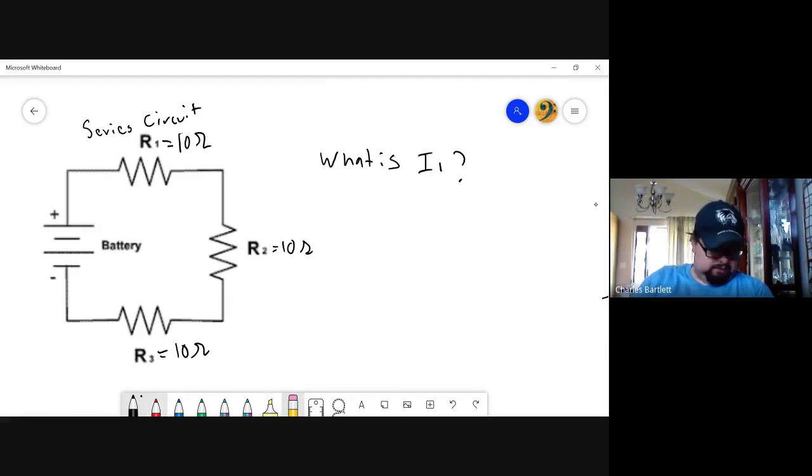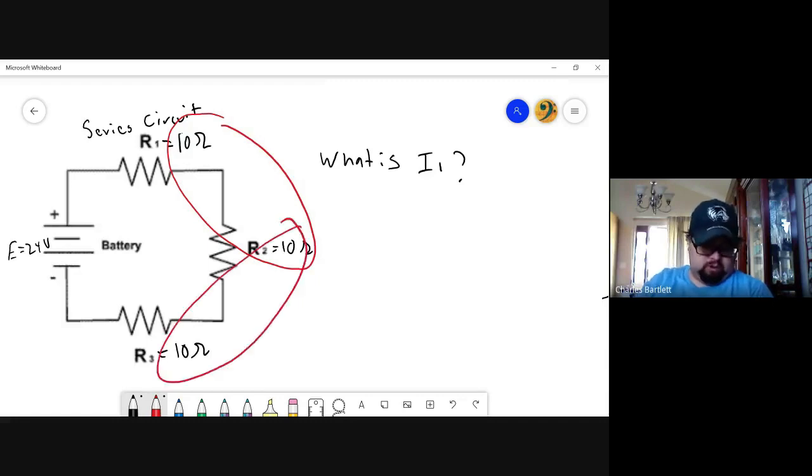And it'll tell us a voltage. So right here, it'll be like E equals 24 volts, something like that. And then it'll ask what's the amperage for I1, and you would have to go through all of that math that I just showed you, adding all the resistances together to get your RT of 30, and then do your Ohm's law math to get the 0.8 amps.